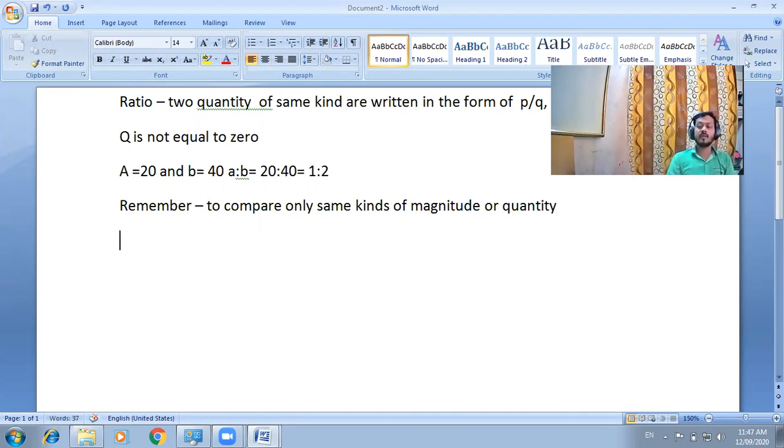We can compare only the same kinds of either magnitude or quantity. It is our first topic, that is a ratio.